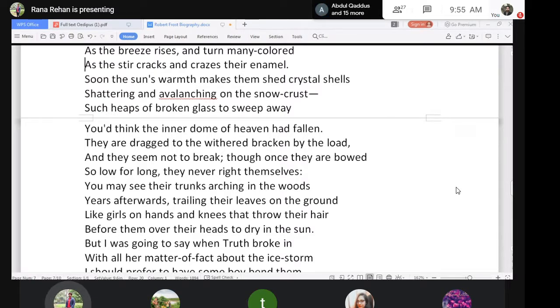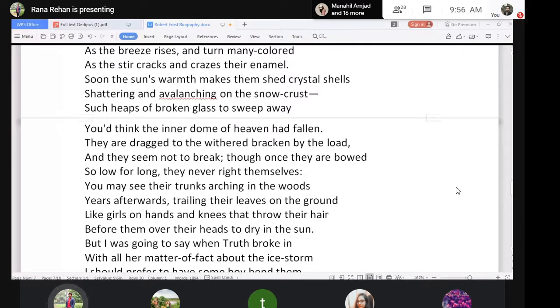And on the other side, when the warmth of the sun melts the dome of snow on the tree, it avalanches with a thrust on the ground. And it seems that the inner dome of heaven had fallen. And why does it happen? The rays of the sun are attacking directly on the top of the tree, so that part is melting.